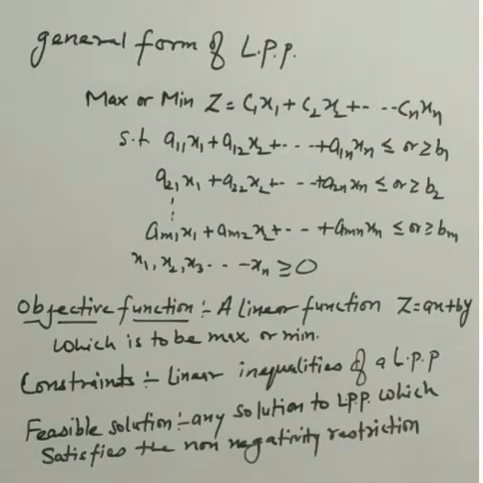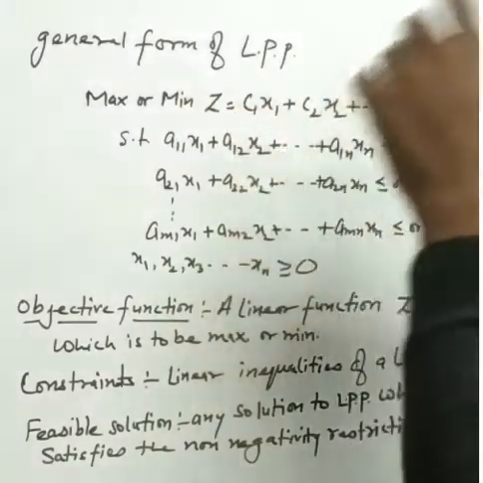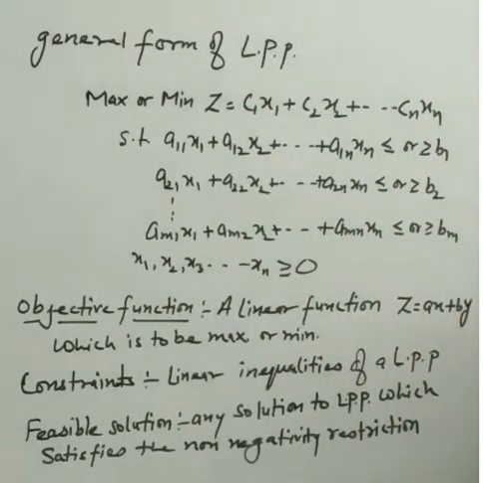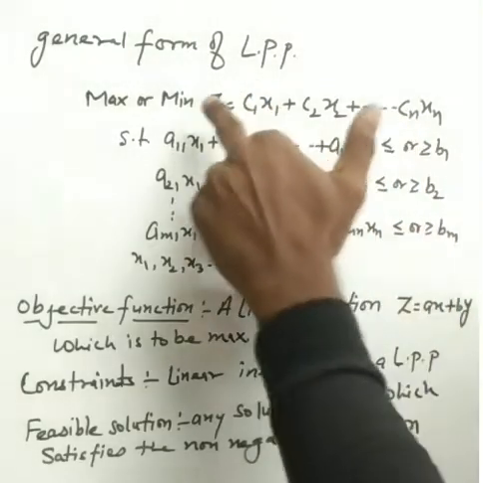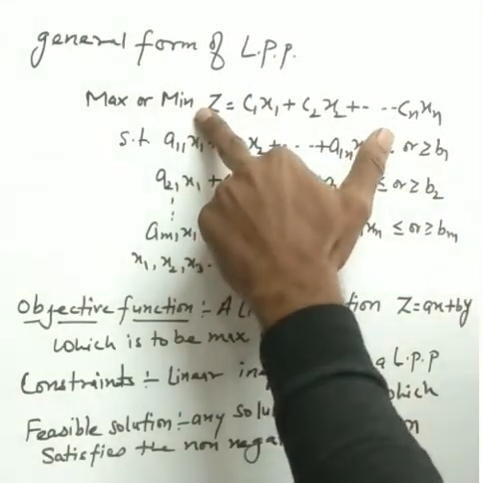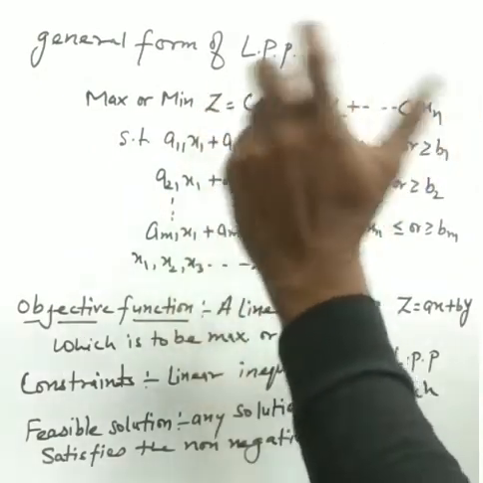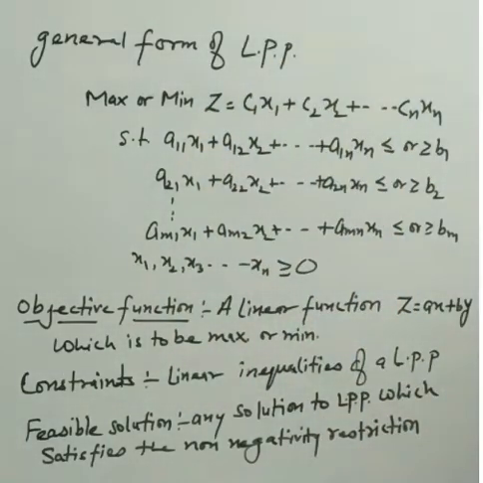Out of those feasible solutions, the solution which maximizes or minimizes the objective function is known as the optimal solution. The solution which optimizes z is said to be the optimal solution.